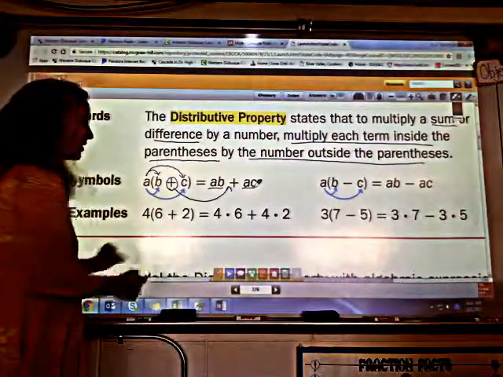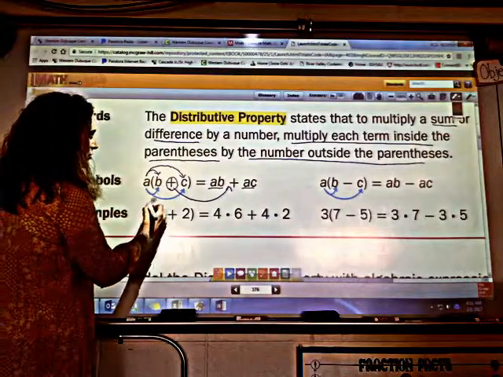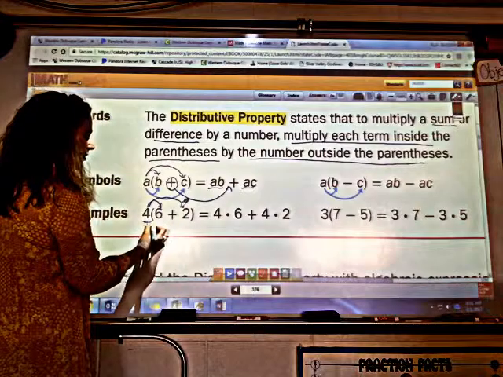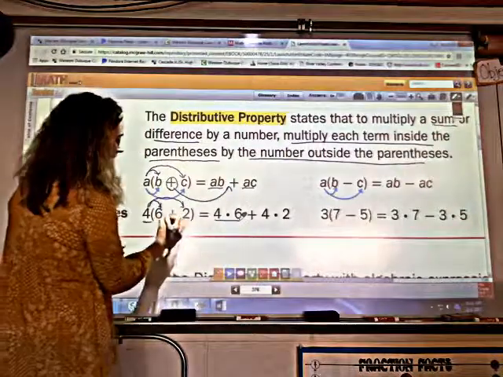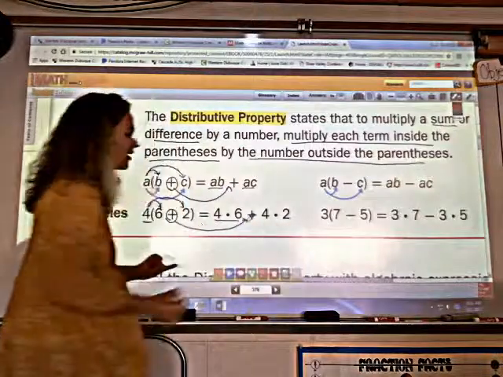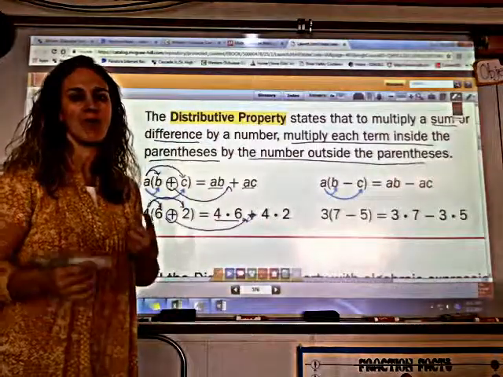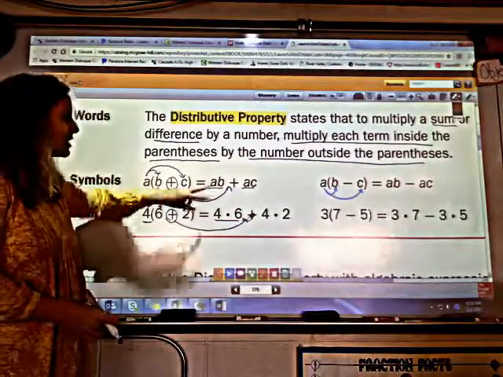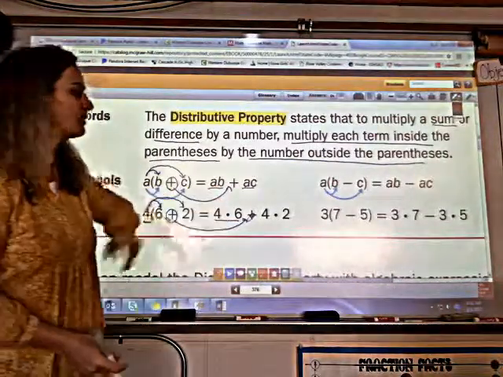Same thing down here. 4 is on the outside, so I'm distributing it into each term on the inside. So 4 times 6 plus 4 times 2. We could actually simplify that a little bit more, but if we're just rewriting it, that's all we have to do. So these are 2 examples with addition.